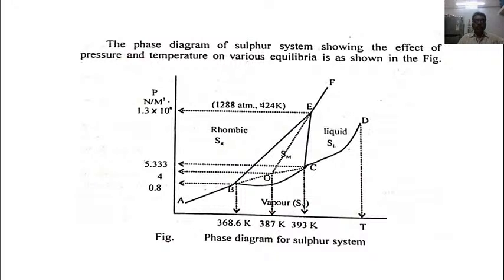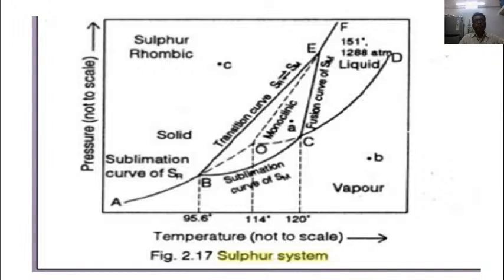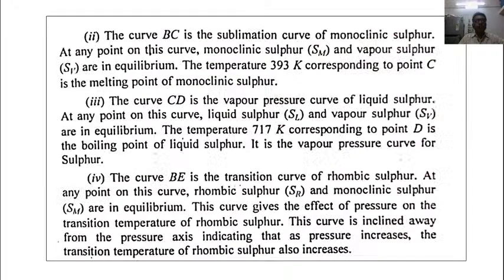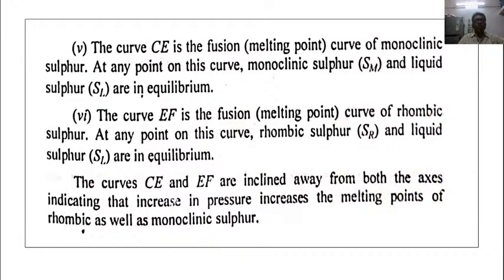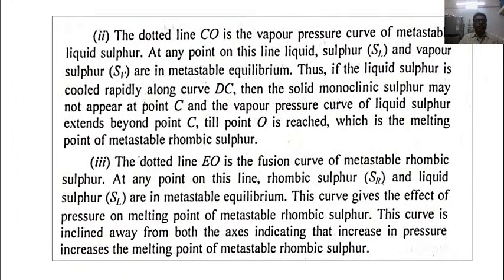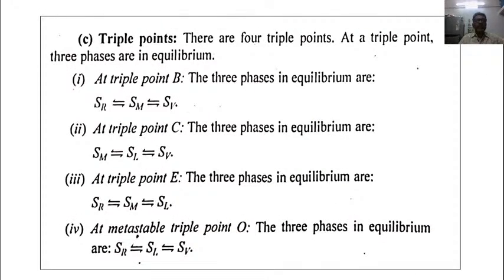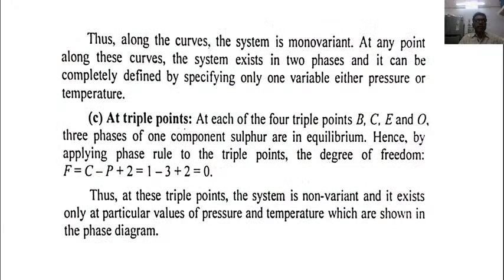The number of areas is equal to 4, number of curves is equal to 6, and number of triple points is equal to 4 in the sulfur system, and we applied the phase rule to the areas, to the curves, to the triple points. We find out the degrees of freedom by applying the phase rule.